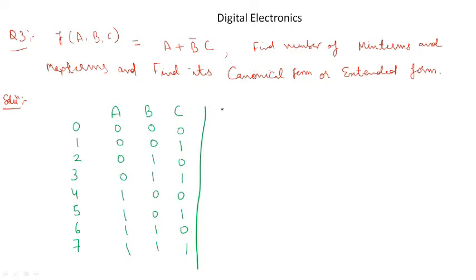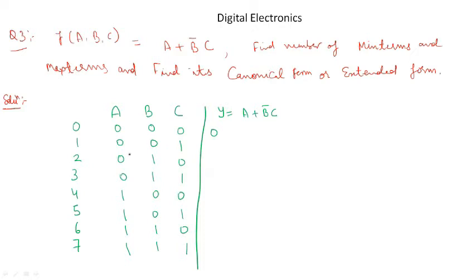Now our output is of the form a plus b bar c. Now considering these input variables, we will find the output. Here for a plus b bar c, because our a is 0, b is 0, c is 0, the output will be 0, because 0 plus b bar, which is 1, into 0, so 0 plus 1 into 0 will be 0.